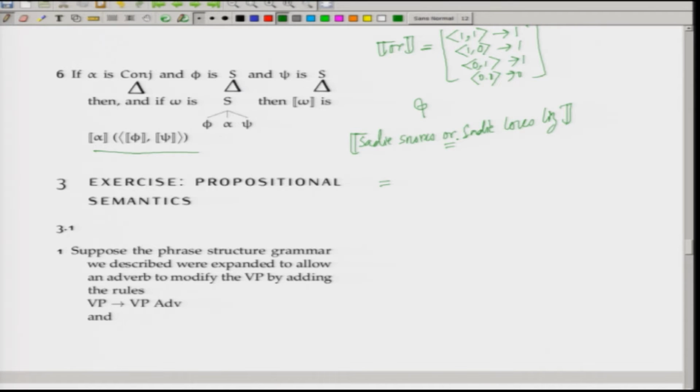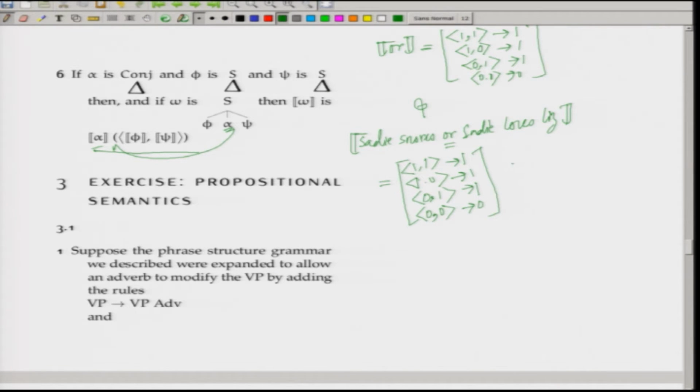So the denotation of OR, you see here alpha, the middle thing comes out. So it is actually this function 1 1 1, 1 0 1, 0 1 1 and 0 0 0.